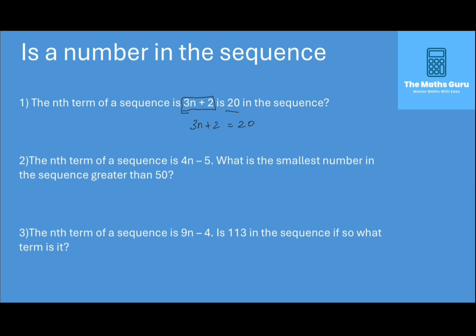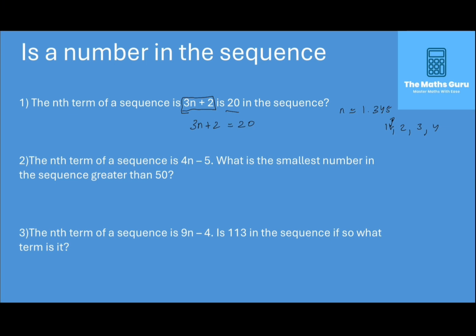Because if you think about it logically, we couldn't have, for example, n is equal to 1.345, because that is not a term in a sequence. Terms in the sequence are term 1, term 2, term 3, term 4. There is no middle term for 1.345, so we have to get a whole number in this case.